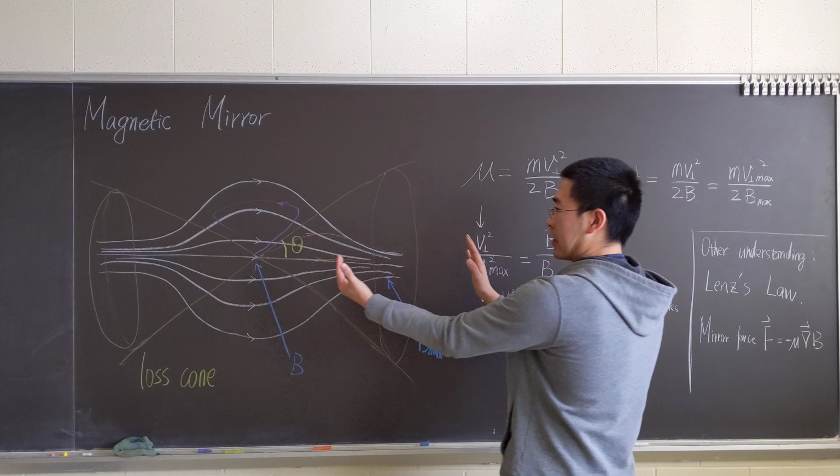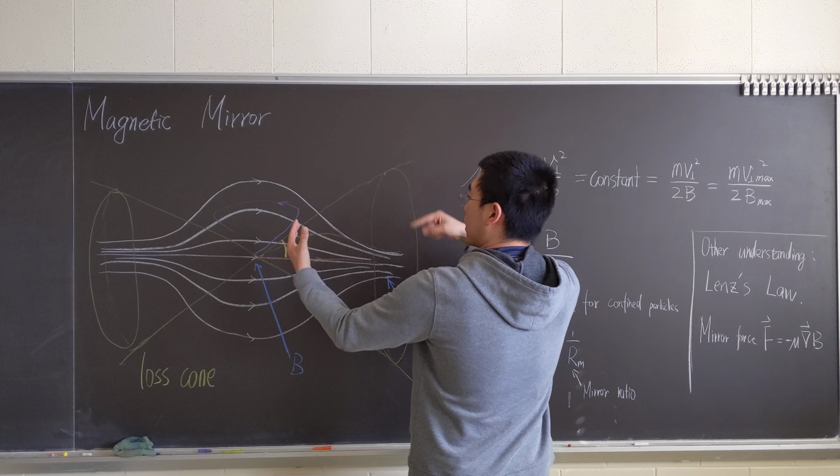So we can think that it just keeps getting faster, but due to the conservation of energy, the parallel kinetic energy will keep reducing until all the kinetic energy goes to the perpendicular direction.